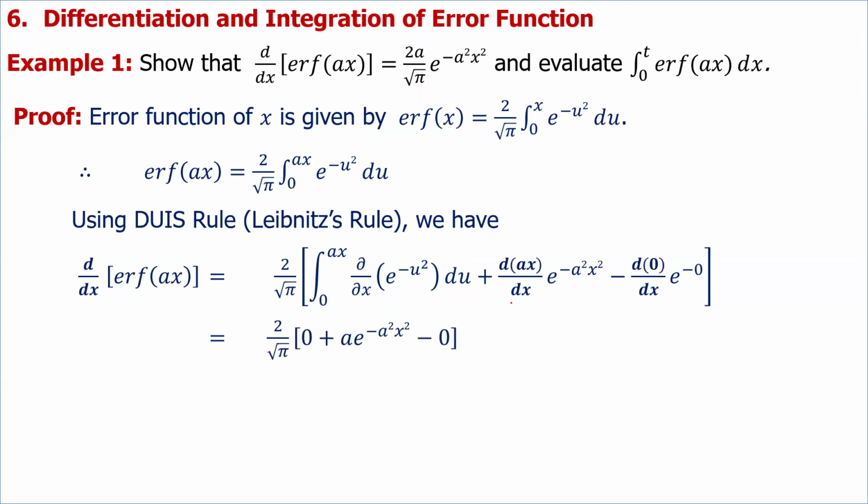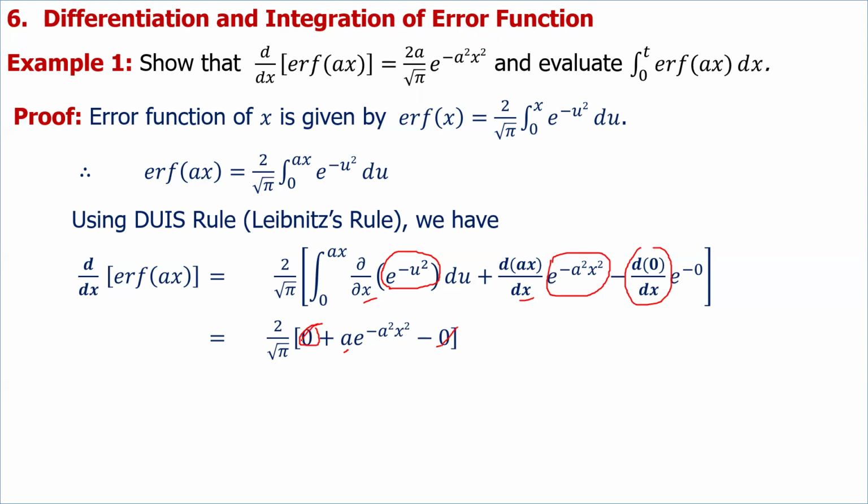Now if you simplify it, since e to the power minus u square is free from x, the partial derivative of e to the power minus u square will be 0, and the derivative of ax with respect to x is a, into e to the power minus a square x square, and again the derivative of 0 with respect to x is also 0.